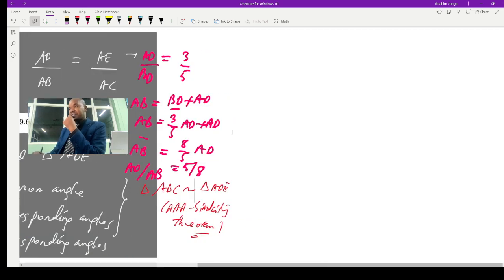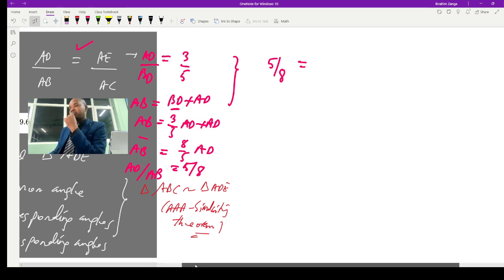With these details, mind you, we are looking for AE. So from this expression here, we have AD to AB, which is already 5 over 8. So 5 over 8 equals AE over AC.